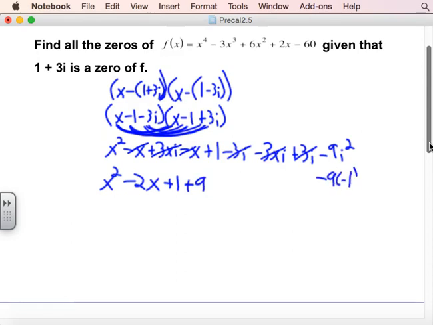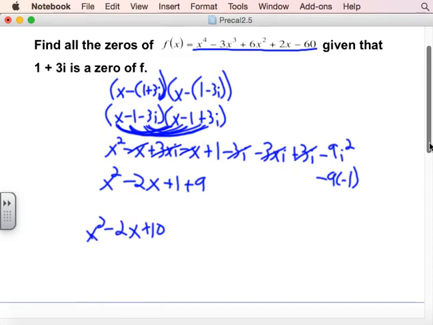So that's going to turn the minus 9 into a plus 9. So this is really x squared minus 2x plus 10. Okay, so we've got some type of factor now that we know should go into this function evenly, right? We know x squared minus 2x plus 10 should go into that evenly because both of the factors of x squared minus 2x plus 10 are factors of that function.